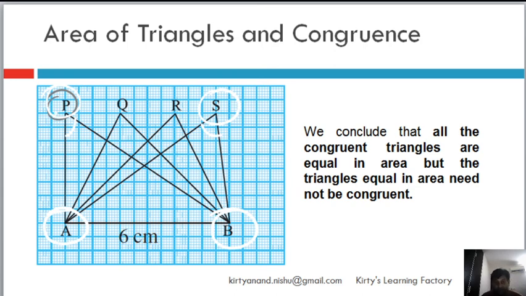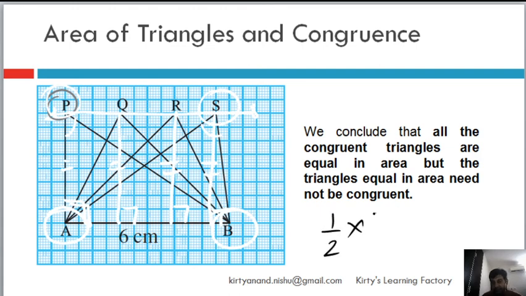It can be anywhere. These may or may not be congruent, but their areas are equal. Why? Because if you look at the vertex of all these four triangles, the line segment PS is parallel to AB, and therefore the heights will be the same. Whatever is the height PA here, assuming this is 90 degrees, this Q will be the height. If I draw the height, it will be the same from here as well. So my area for all these four triangles will be half into base.